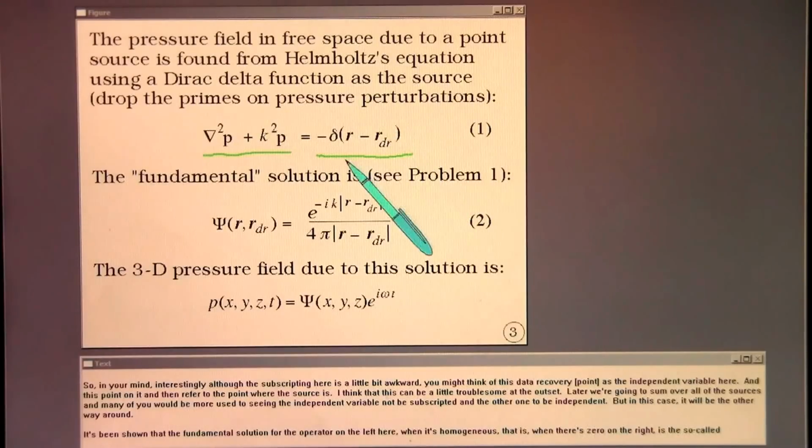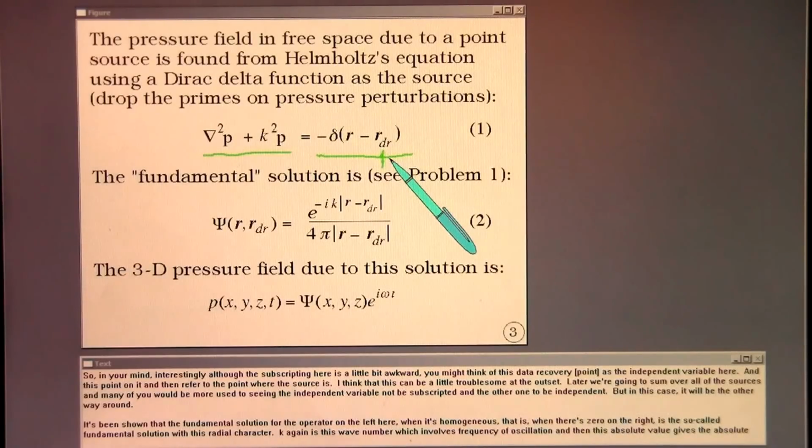So in your mind, interestingly, although the subscripting here is a little bit awkward, you might think of this data recovery surface as the independent variable here, and this point on it, and then refer to the point where the source is. I think that this can be a little troublesome at the outset.